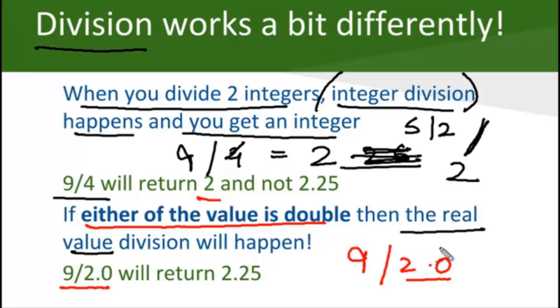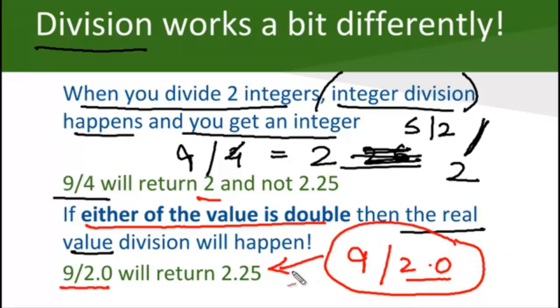So in this case integer division will not happen. Proper division will happen and it will return 2.25. So remember that division works a bit differently: when you divide two integers you always get an integer back, and integer division happens. You need to specify either of the values as double for real value division to happen.